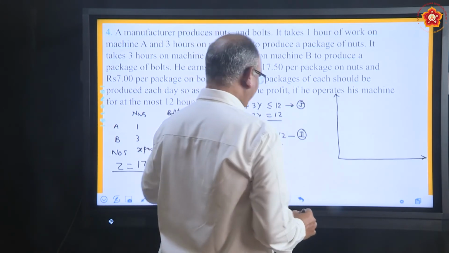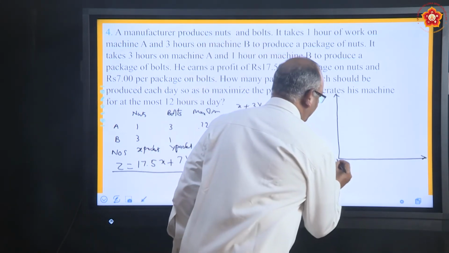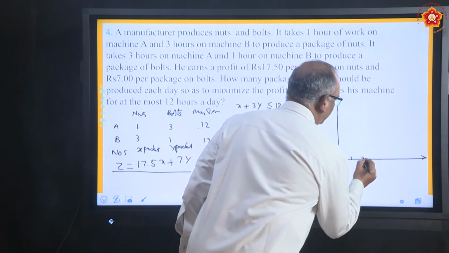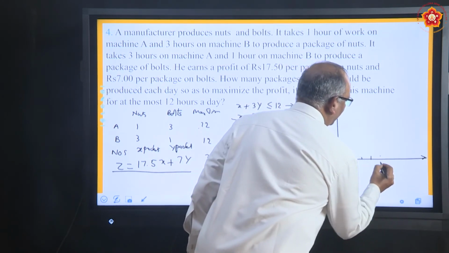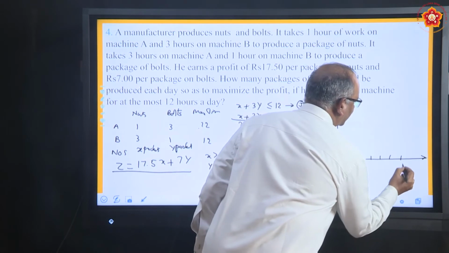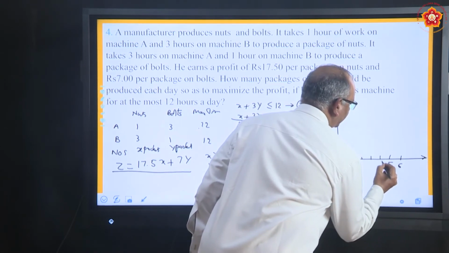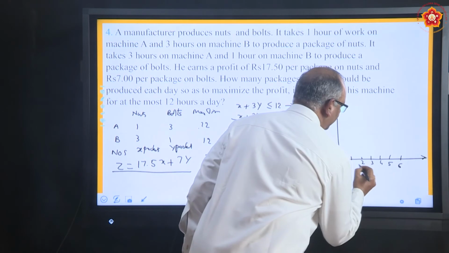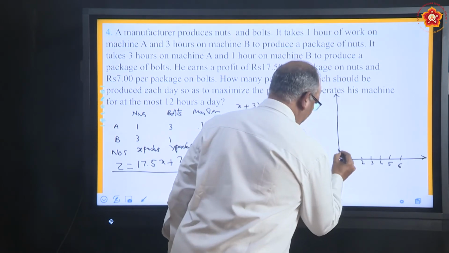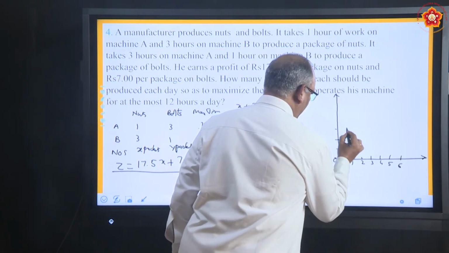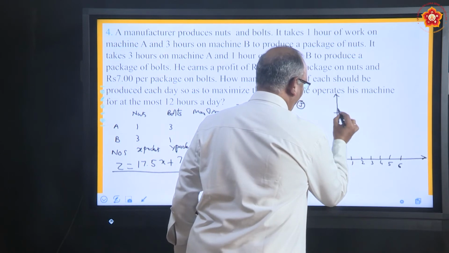In both the cases, 6. So let us say this is the origin, 1, 2, 3, 4, 5, 6. Similarly here, 1, 2, 3, 4, 5, 6.